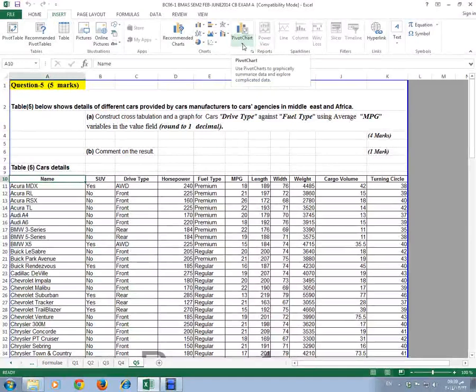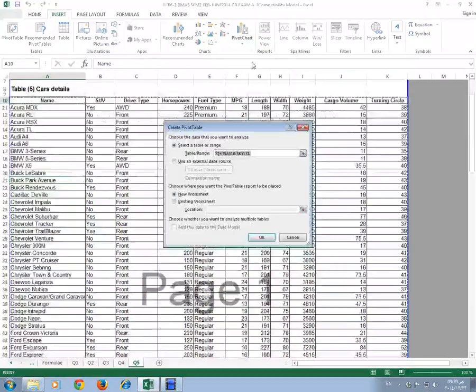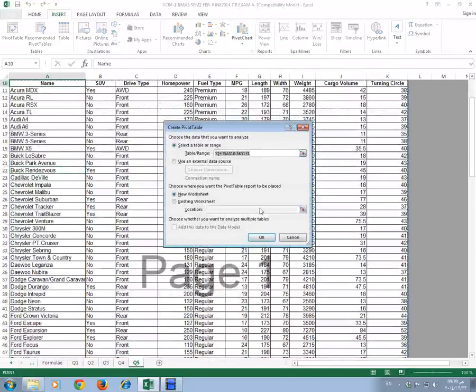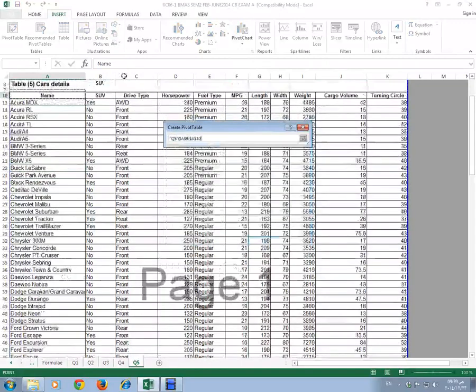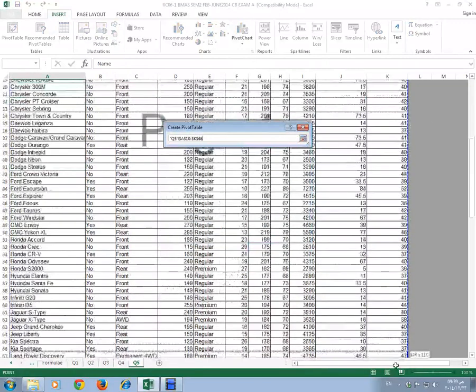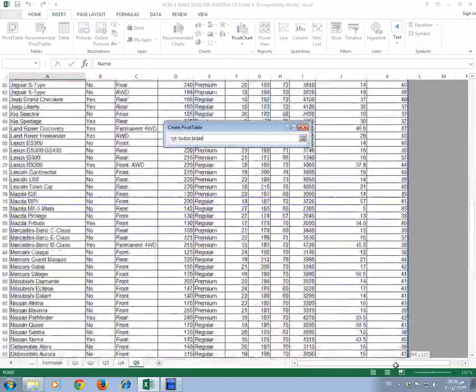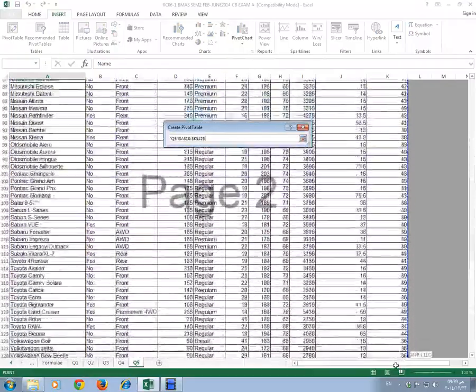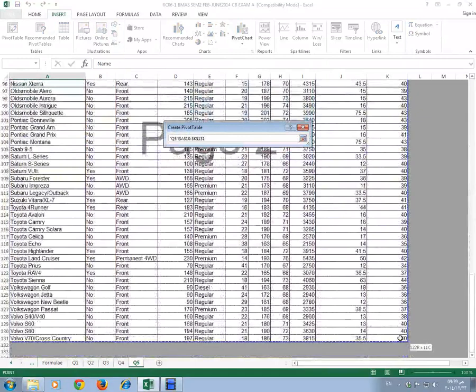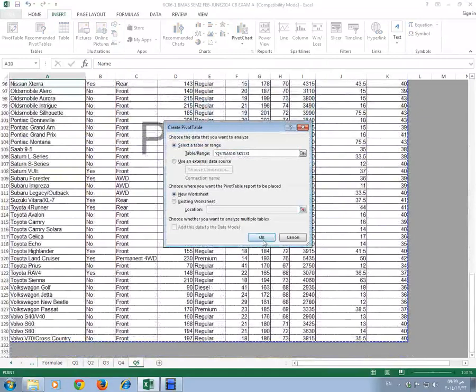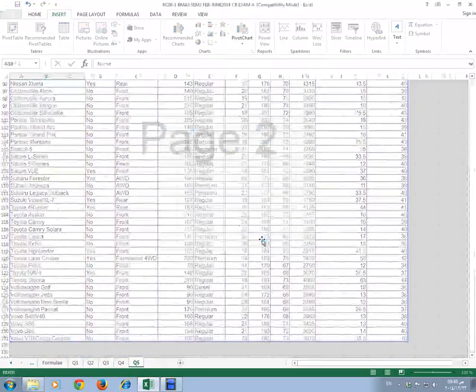So here I will click pivot chart and table, and then highlight the data also the same. Do not highlight something outside, just like that, and then new sheet, click OK.